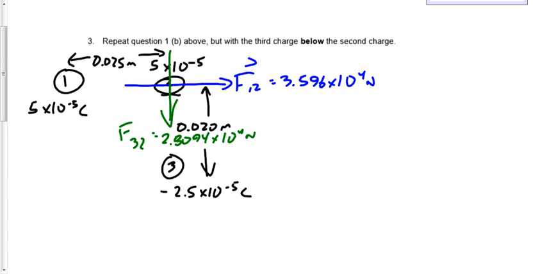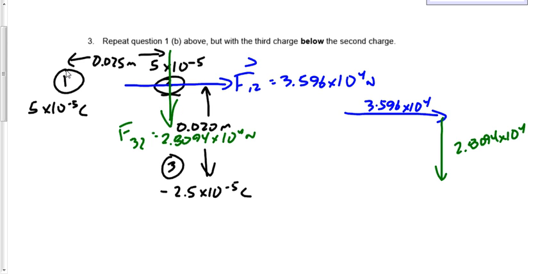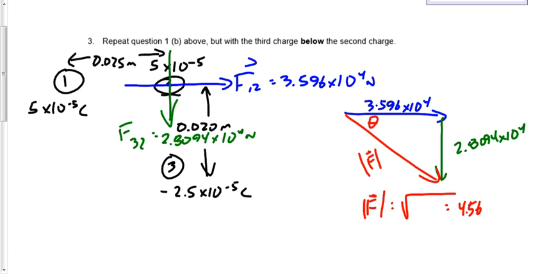And now we add these together, but we have to add them together vectorially. 3.596 times 10 to the 4. 2.8094 times 10 to the 4. And the resultant vector F is here. By the Pythagorean theorem, F is 4.56 times 10 to the 4.